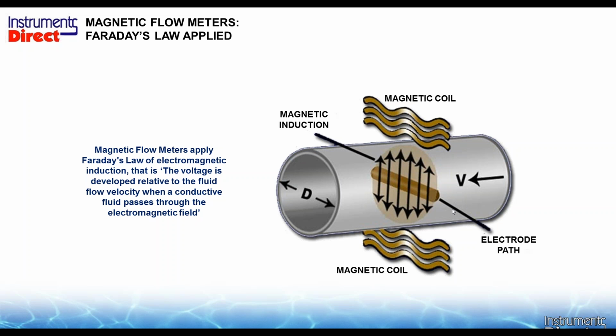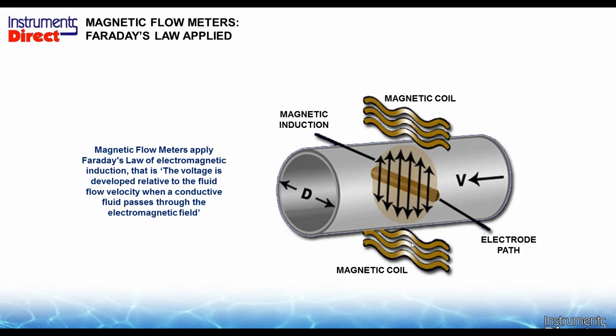Inside this pipe, we're going to have 2 electrodes, kind of like a voltmeter. We're going to put them in the side of the pipe, wetted to the pipe. And Faraday's law basically states that if you run a conductive media through a magnetic field at right angles, you basically create a current. And the way we get the magnetic field is we wrap this pipe with copper wire.